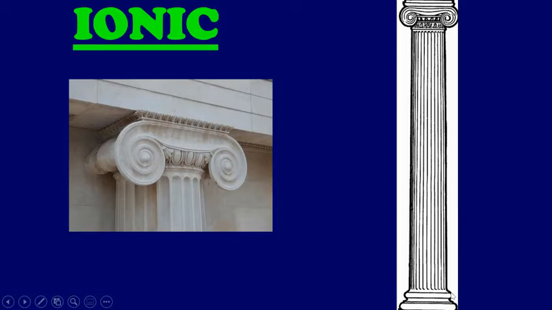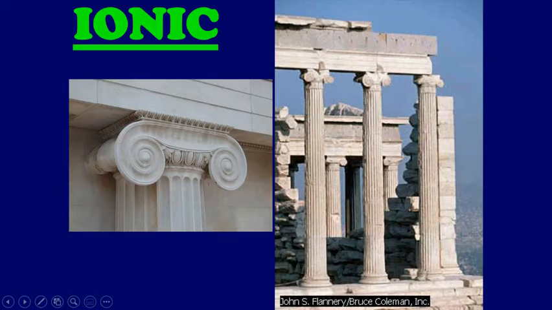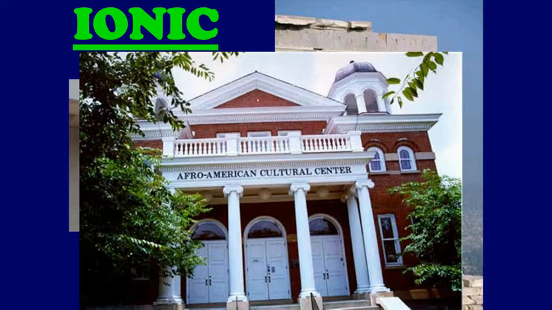So there's the top of an Ionic column. There's some Ionic columns, and notice that they have a base down here. And notice that they're really tall and have that scroll at the top. And Ionic columns are still being used in architecture today. I found this photograph of a modern building, and it still has Ionic columns.